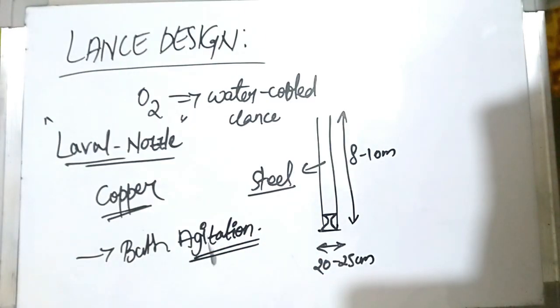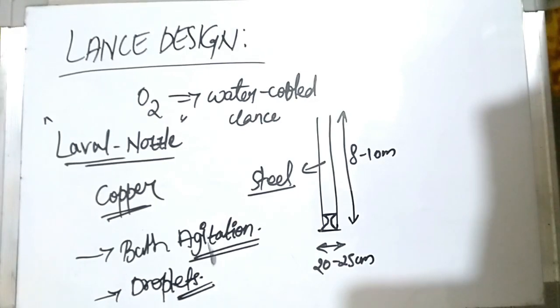And one more thing, it produces droplets of the metal. Now what are these droplets? We know the liquid hot metal is fed into the converter, and because of the bath agitation or the gaseous oxygen jet, the hot metal liquid is broken into many droplets.